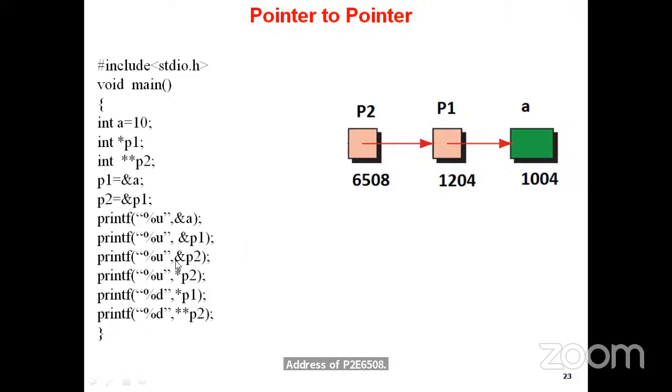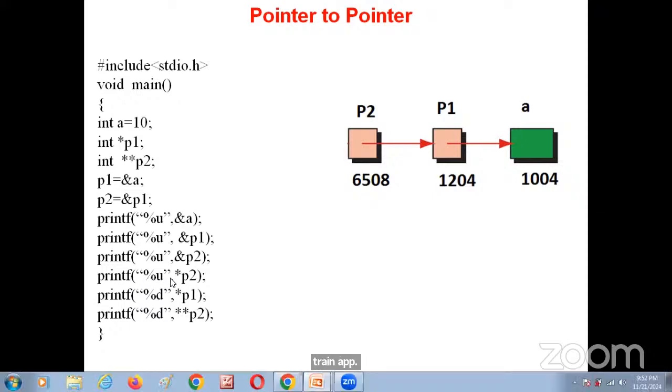And the fourth one, printf percentage u, *p2. Star P2. Can anyone tell me what is the correct output of *p2? I want answers.